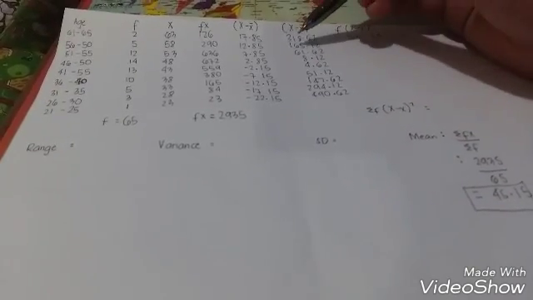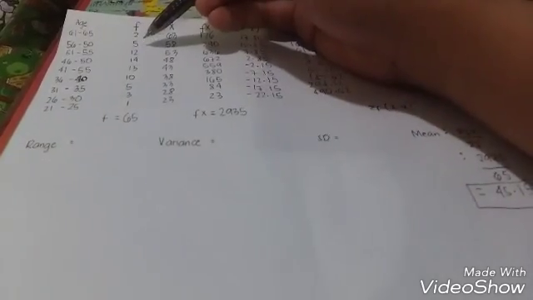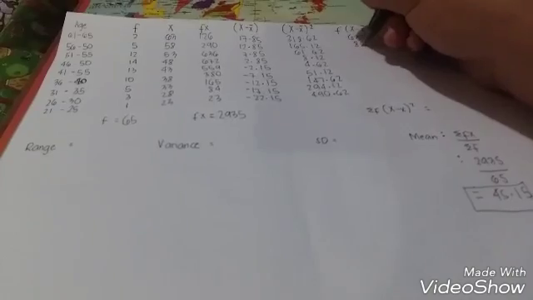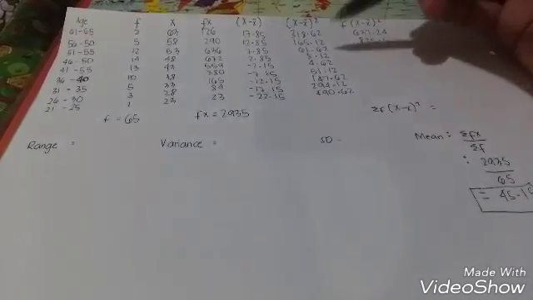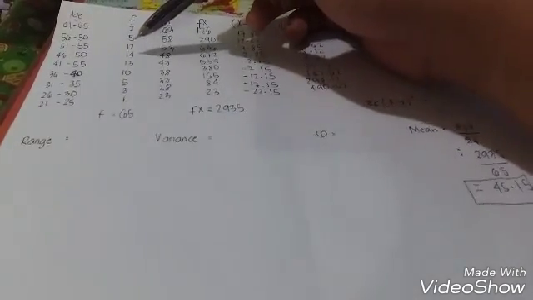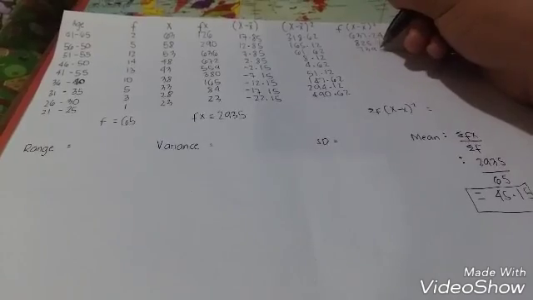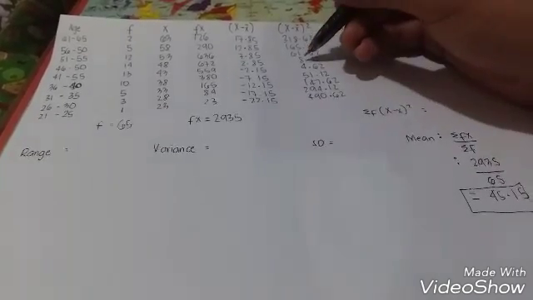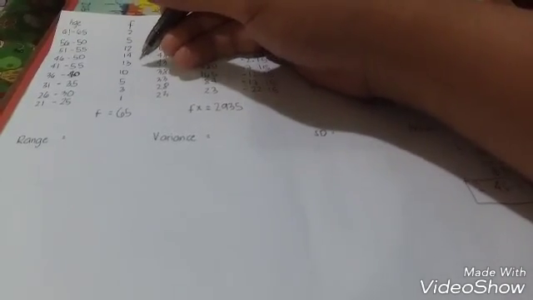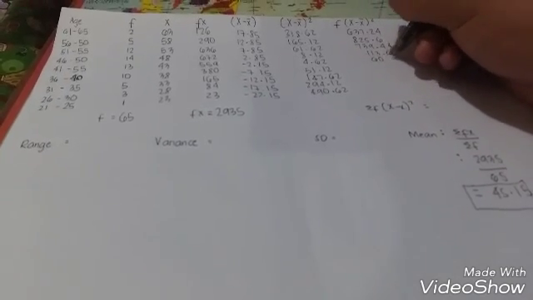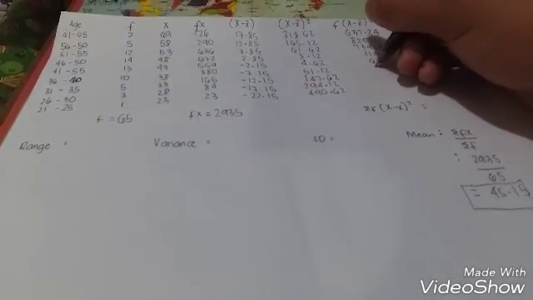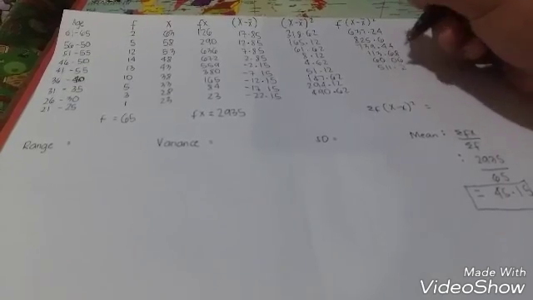Then follow 165.12 times 5 is 825.6. 61.62 times 12 is 739.44. 8.12 times 14 is 113.68. 4.62 times 13 is 60.06. 51.12 times 10 is 511.2.